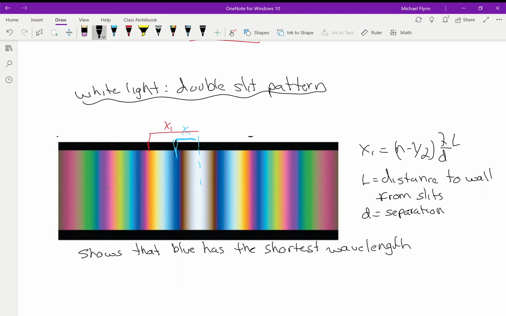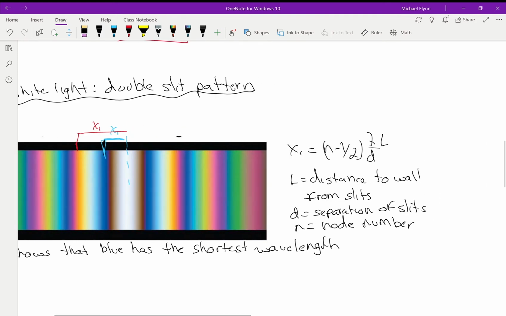These are all constants. n is the node number, again a constant. And lambda, of course, is wavelength.